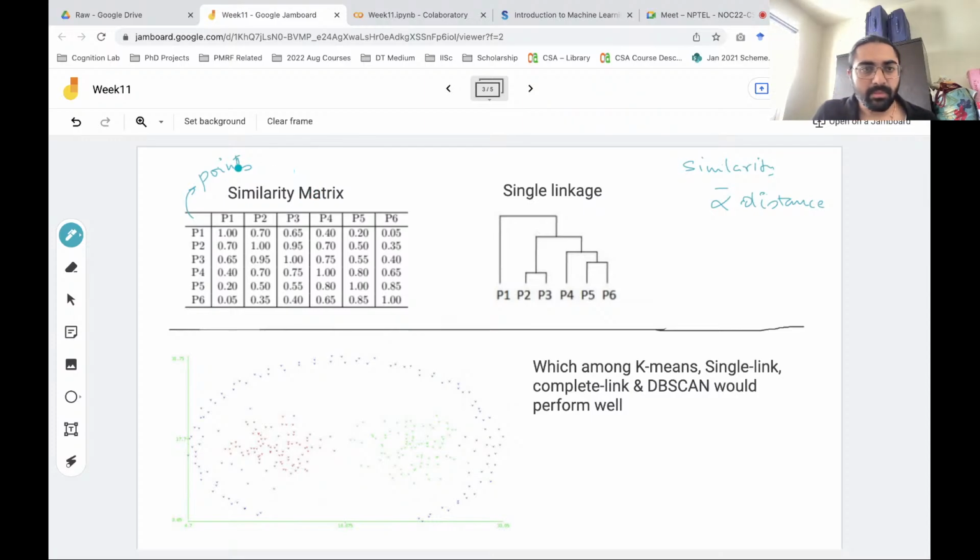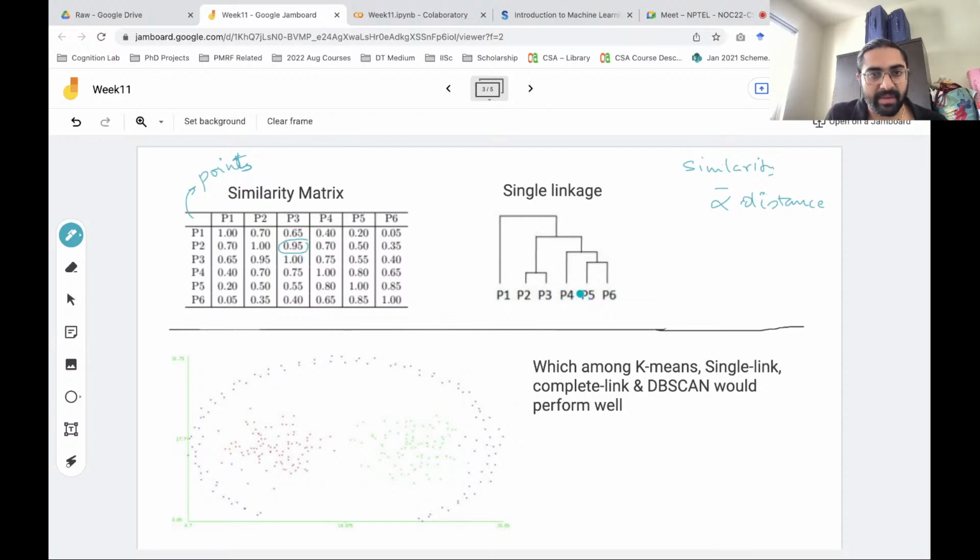Okay. So we have the 6 points present here, and we have a similarity matrix which is given here. If you were to use a single linkage approach to your clustering, you can see that P2 and P3 will get clustered first because you have 0.95 as your maximum, the least distance in some sense.